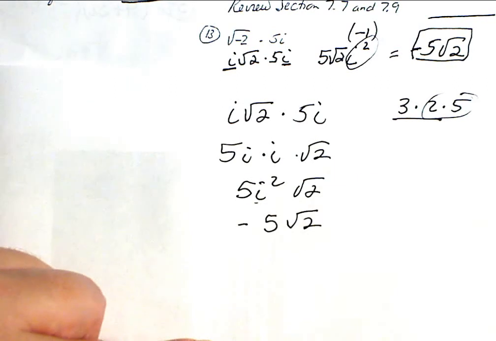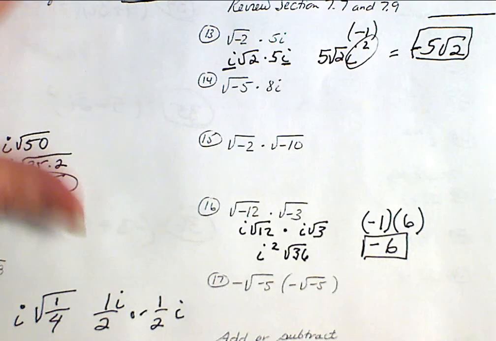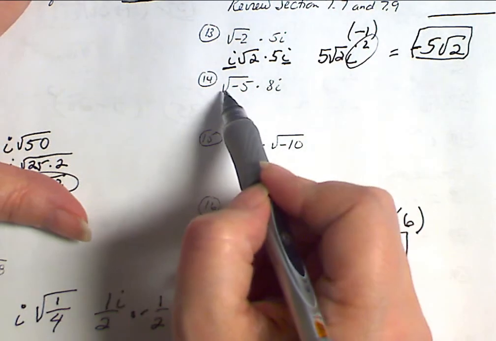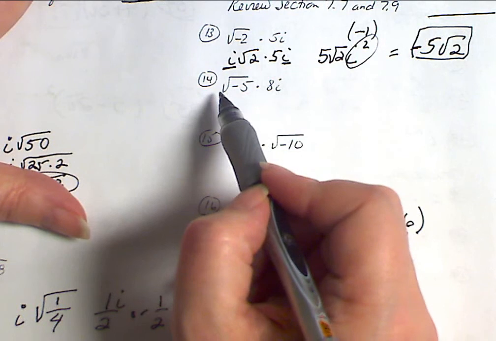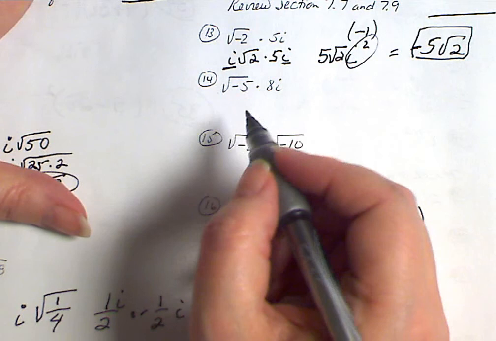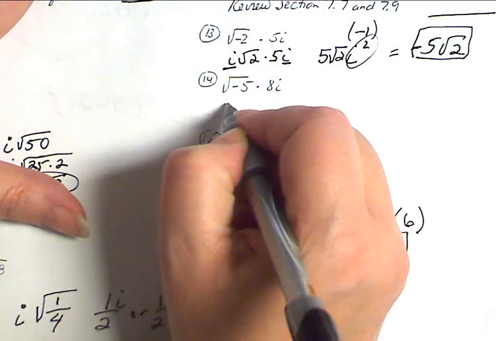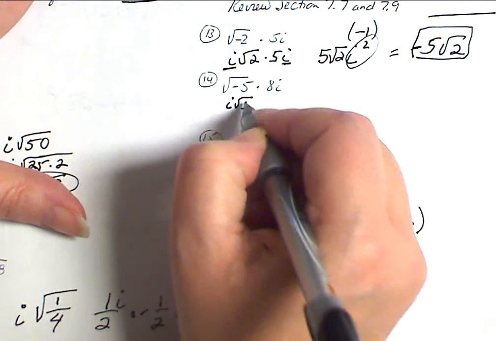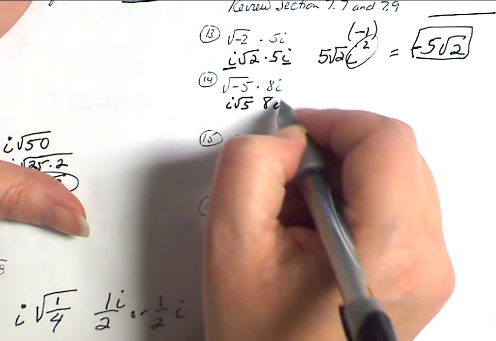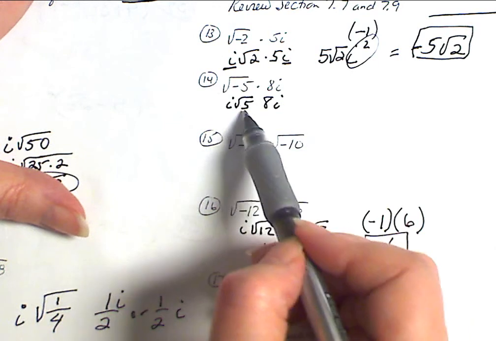All right, let's try number 14. What is the square root of a negative? i. So I have i, square root of 5, 8i, just bringing them down. This means that we're going i times the square root of 5 times 8 times the square root of 5.